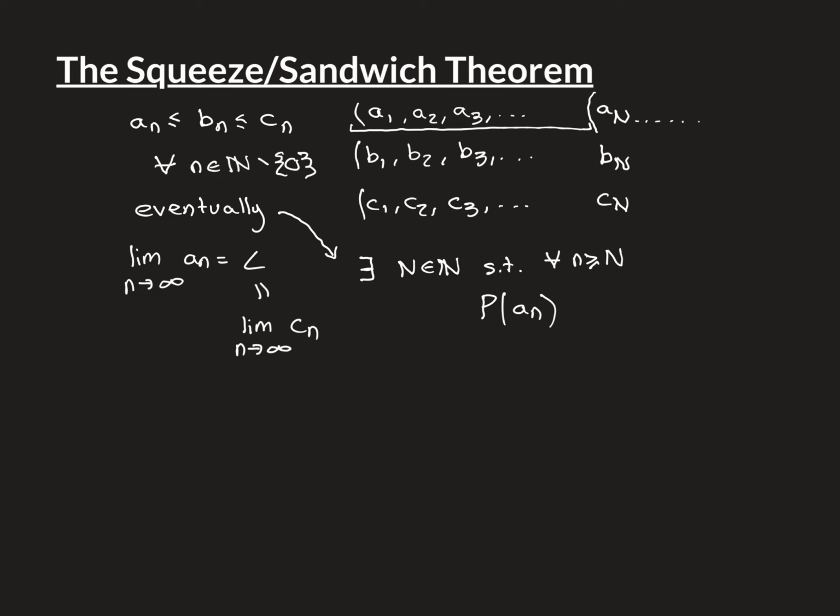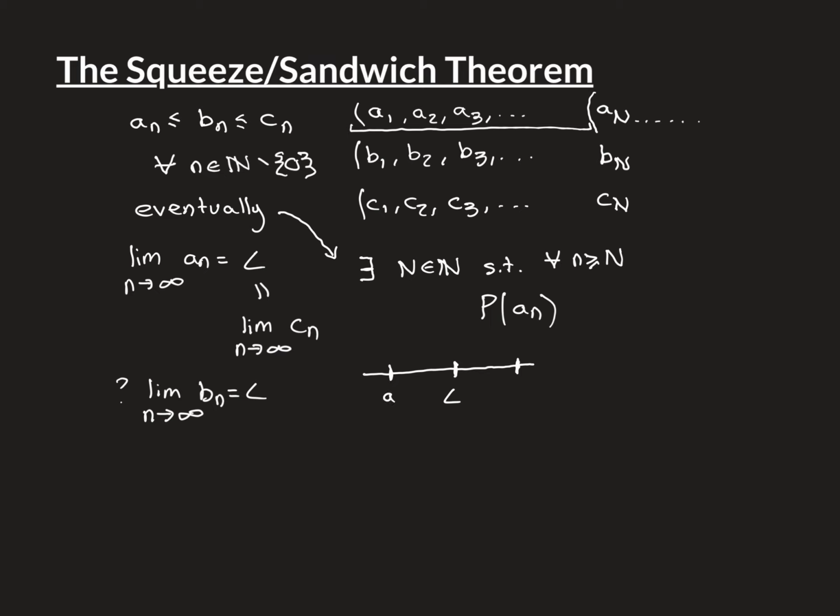So the claim, and we'll prove this, is that the limit as n approaches infinity of our sequence Bn is also going to be that limit L. And the intuition, the picture for why this is happening, which we will turn into our proof, is that we have this limit L here, and we might have our sequence C coming from above and our sequence A coming from below.